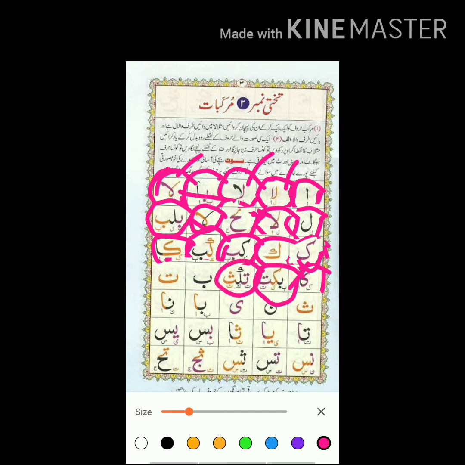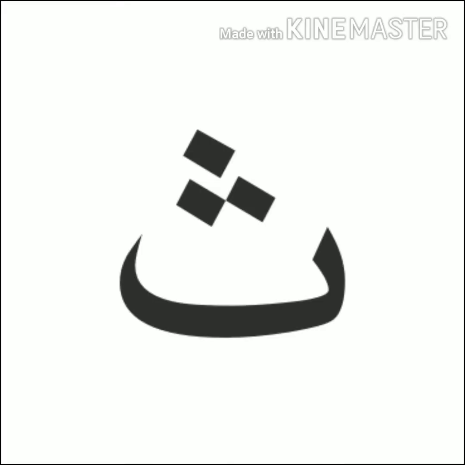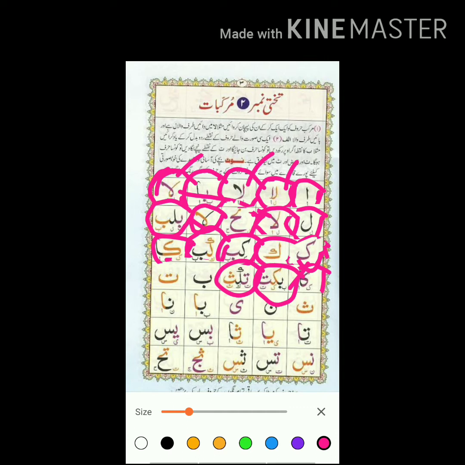Now, moving to the next box, we have ta, kaf, sa. I have already told you in lecture number 1 that whenever you see three dots above a boat-like shape, it sounds like sa. So there are three letters in this box, which are ta, kaf, sa. The next box is ba.